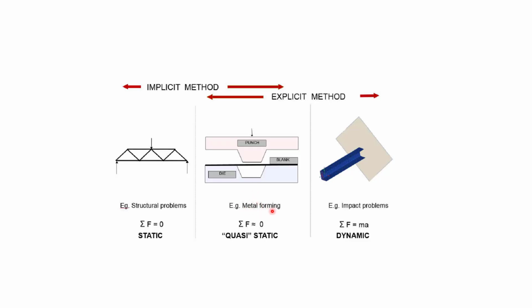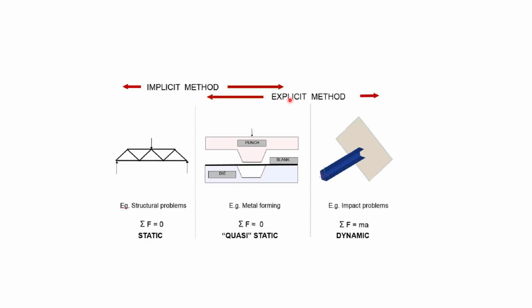You can see we have the forming, with the die and the blank. We gradually, slowly punch this sheet metal component. You can see the black one try to deform and adapt to the die. If you would like to conduct this kind of analysis, we consider it under the implicit category, called quasi-static.